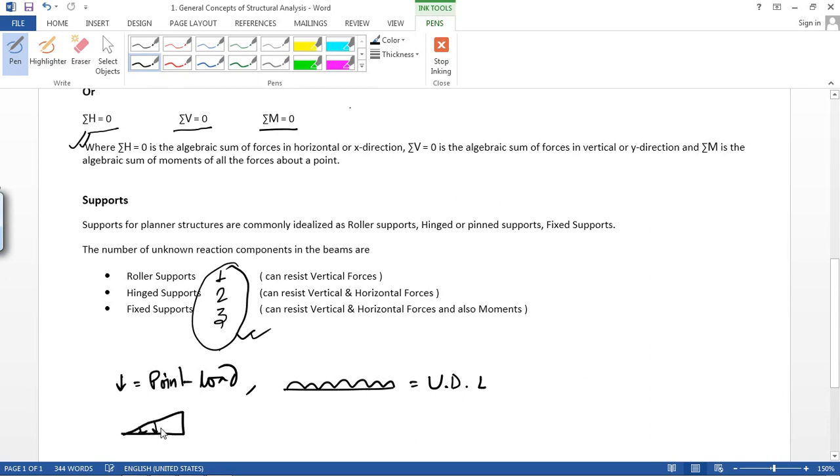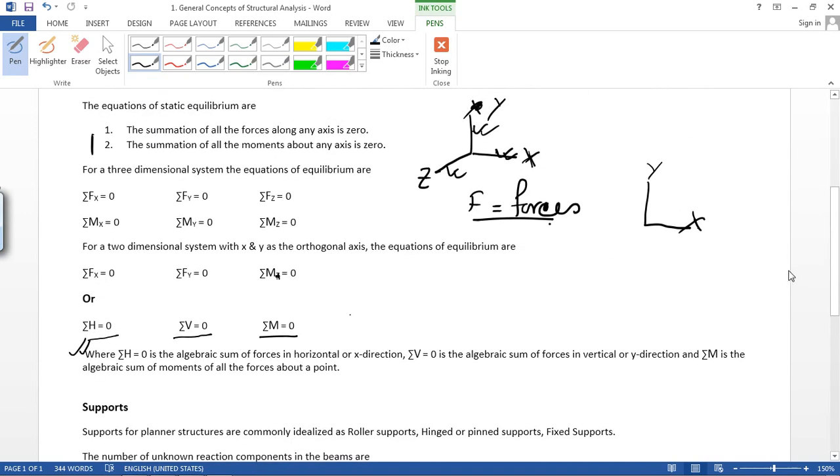It is UVL, uniformly varying load. Okay, so this is it. This is the general concept of structural analysis.